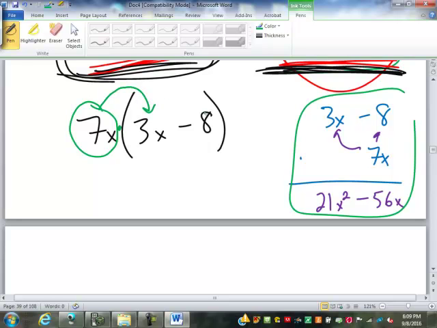So we multiply every piece inside the parentheses by the 7x. 7x times 3x. 7 times 3 is 21. X times x is x squared. Now we have to be careful with this next piece. This is 7x times a negative 8. 7 times negative 8 is negative 56. X times nothing is just x.